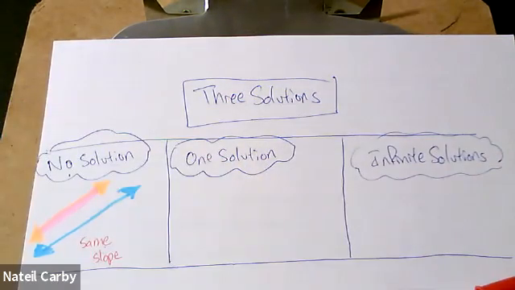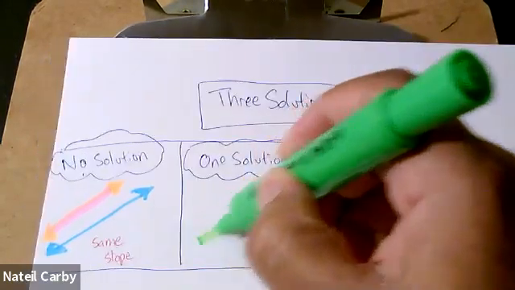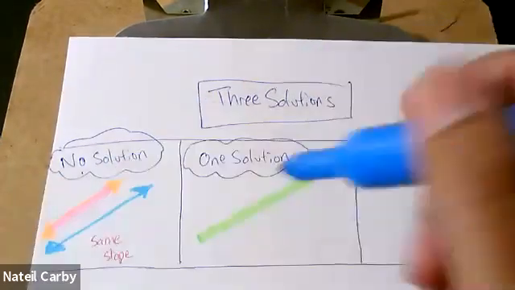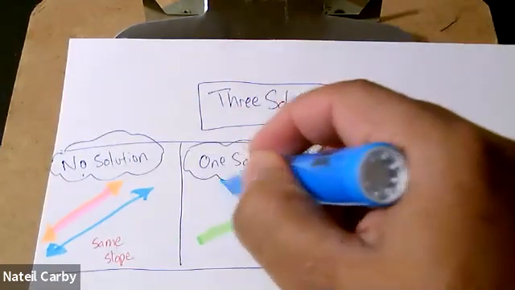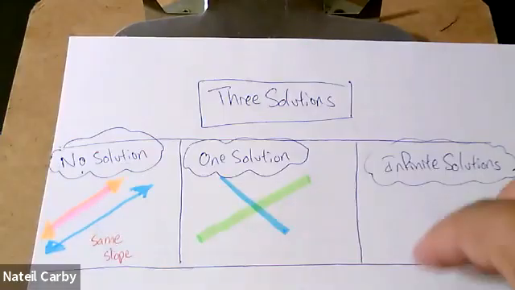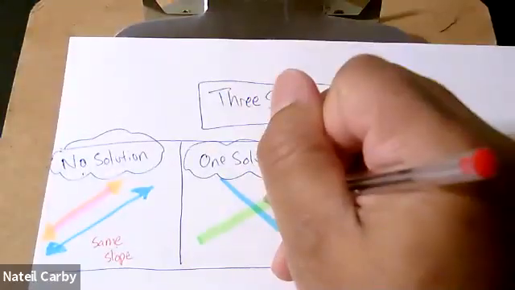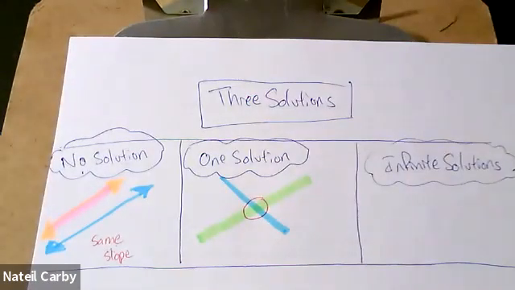Okay. Second version. This is what we want. We're looking for the point of intersection.